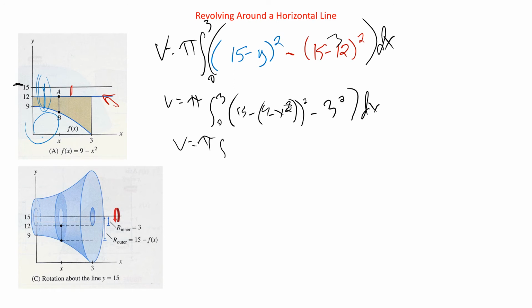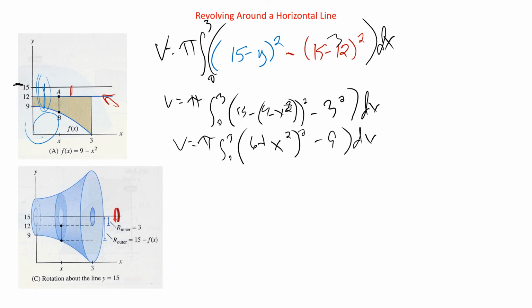I thought the numbers were getting just a little bit too big. So we'll have a 6 plus x squared squared minus 9 dx.